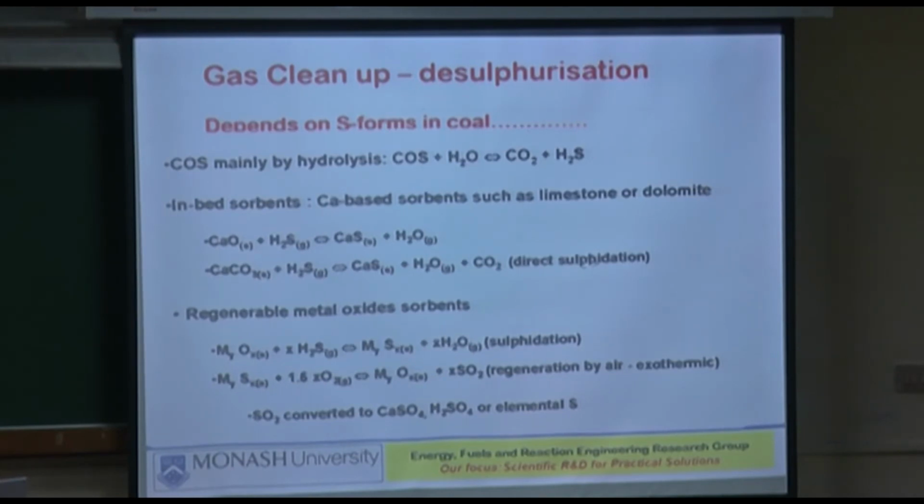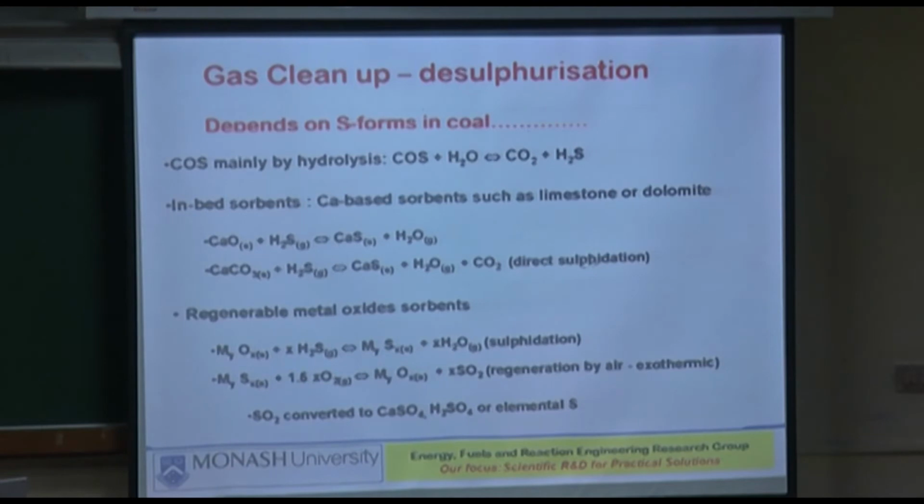Anything that you are using with oxygen for combustion purposes is essentially oxidizing. So this regeneration is nothing but looping, is exothermic. You have excess heat available, you can use that heat somehow within that system. Okay, so that's the metal oxides principle.